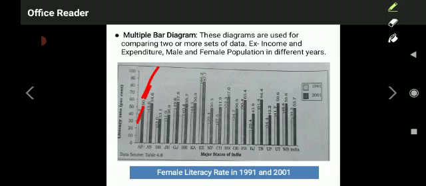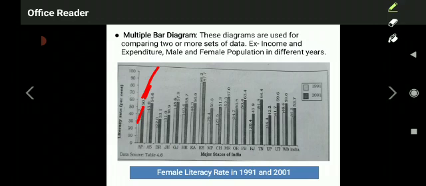Hope you understood. So the single rectangle explains the data information of the female literacy rate in that state in the different years, 1991 and 2001.